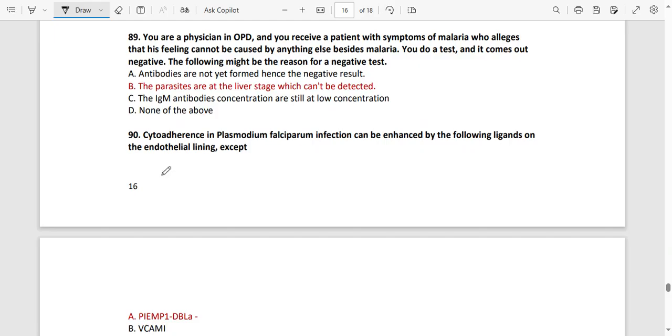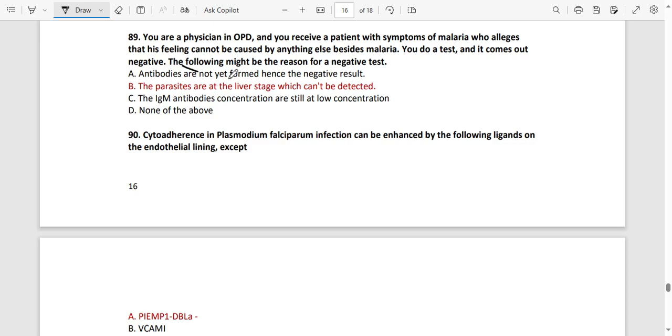You are a physician in OPD and you receive a patient with symptoms of malaria who alleges that his feelings cannot be caused by anything else besides malaria. You do a test and it comes out negative. The following might be the reason for the negative test.